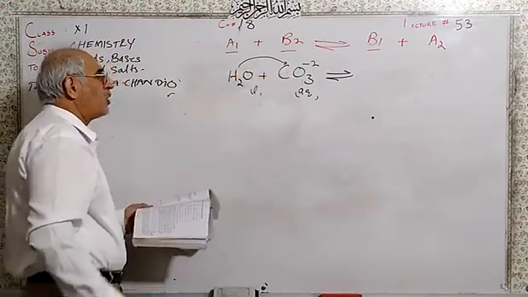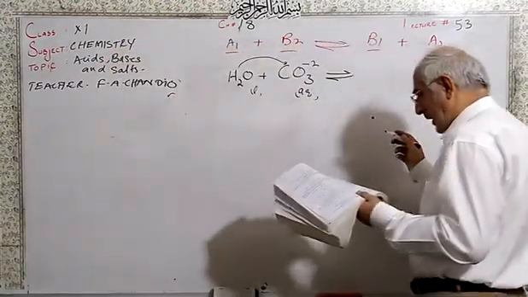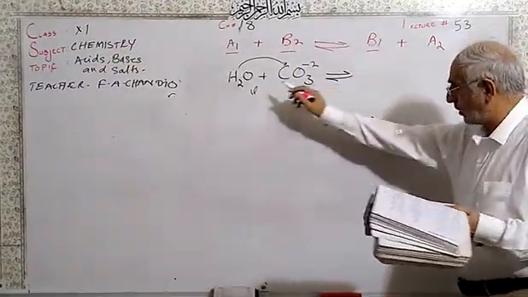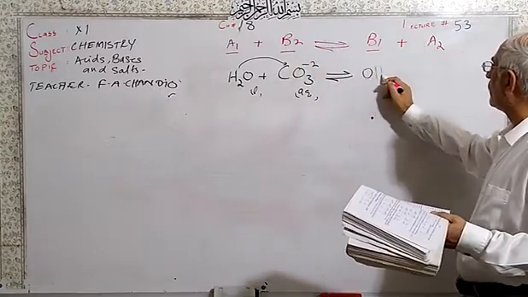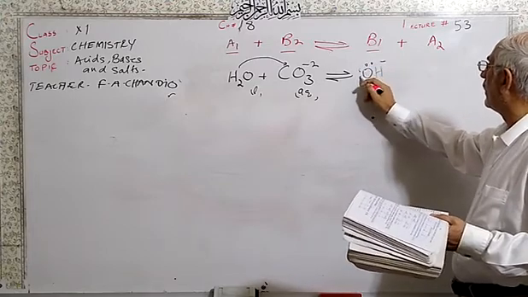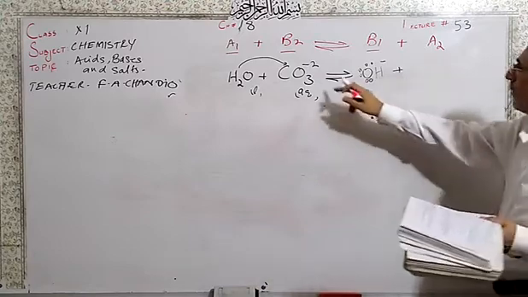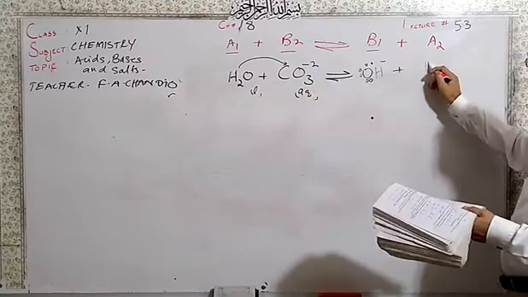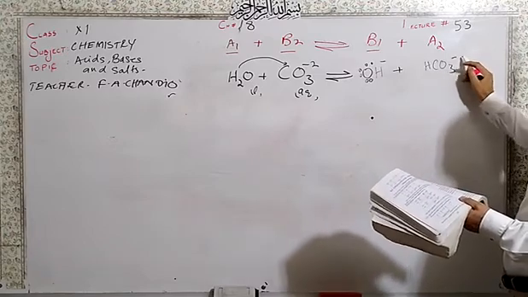Carbonate is a Bronsted base because this water, when donated, gives a conjugate base B1, and hydrogen is added to give a bicarbonate here.